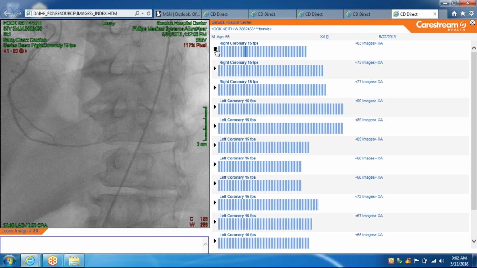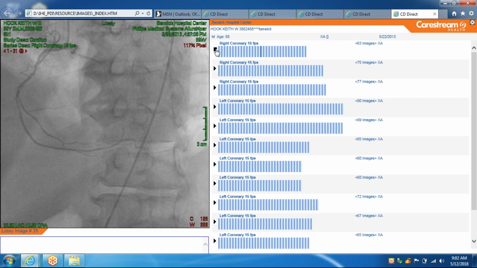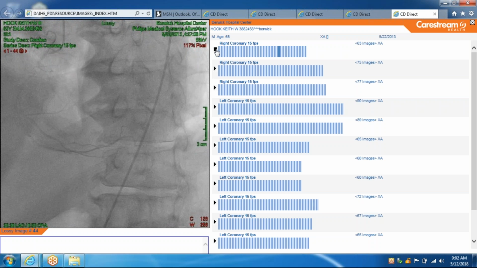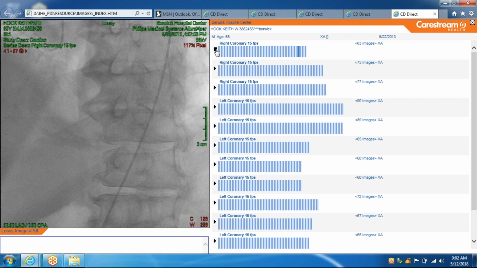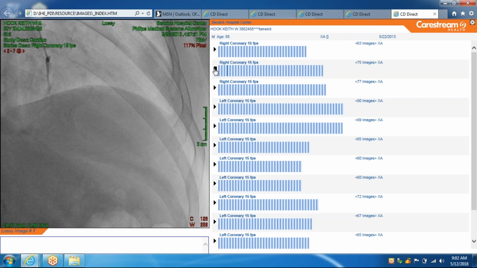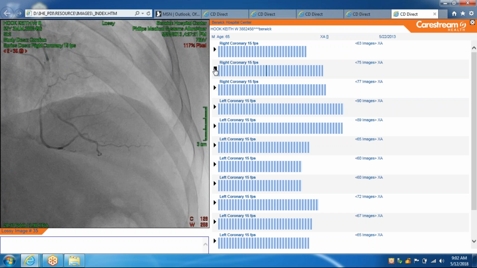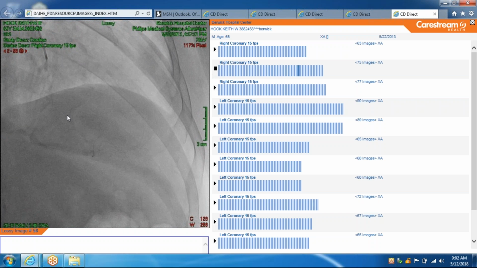You want to do multiple views to make sure you're not missing any significant obstruction. All right, let's look again. There's nothing significant. There's a little something right there, but it's not a significant lesion. You don't need to do any intervention such as balloon or stenting.